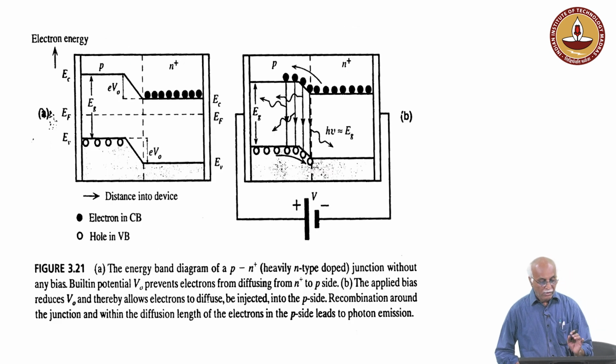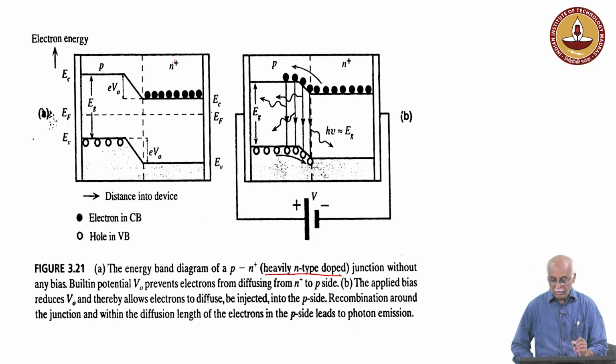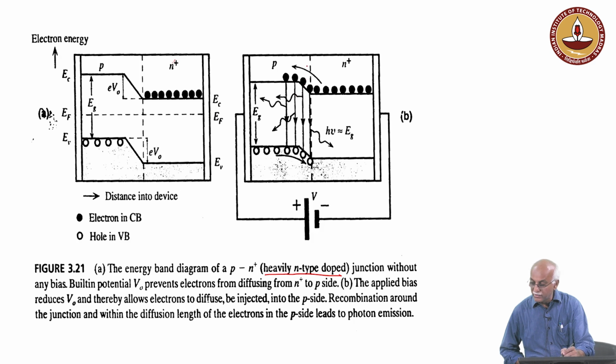However, when we allow high doping, heavily n type doped, written as n plus, it means the n type semiconductor material is heavily doped so as to have a very large density of electrons compared to the hole side. Then when we apply a forward bias, the electron hole pair combination generates photons in different directions, irrespective of direction. It results in a spontaneous emission.